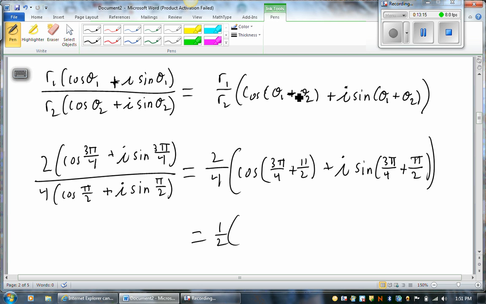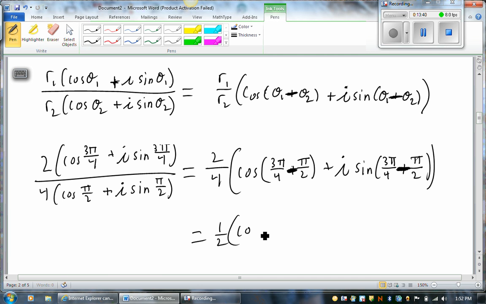Sorry, these are minuses, not pluses. Make sure you change that. These are minuses, not pluses. These are still pluses, obviously, but these have to change to minuses when we're doing division.